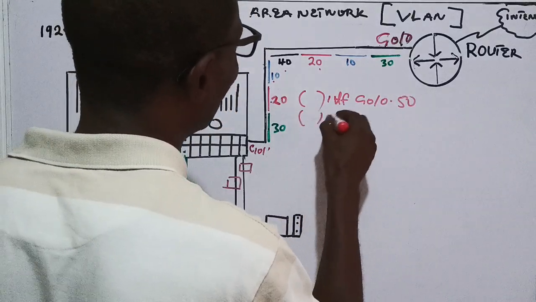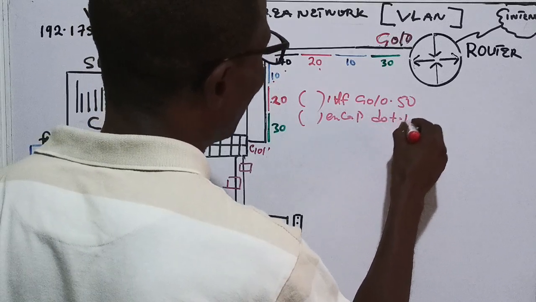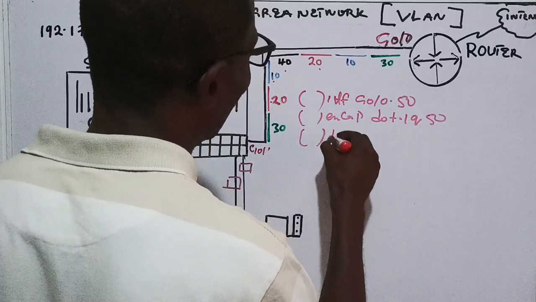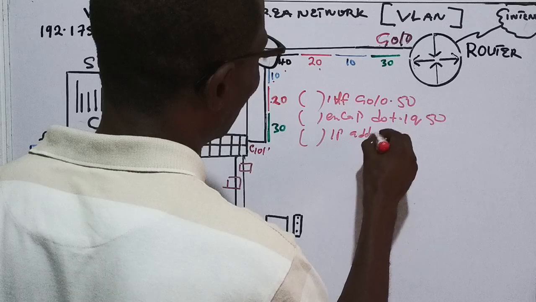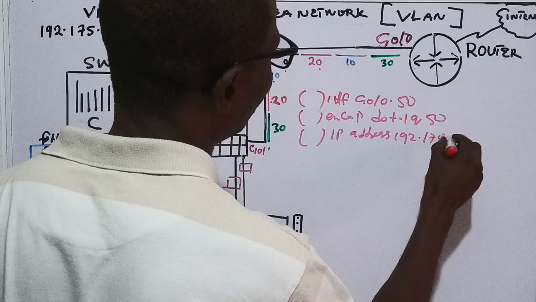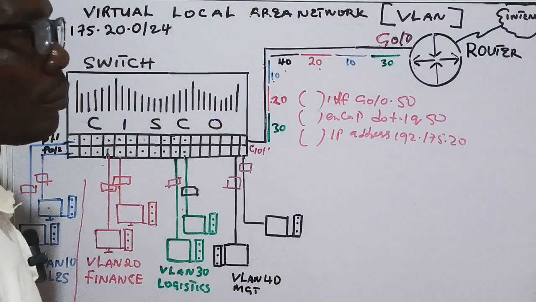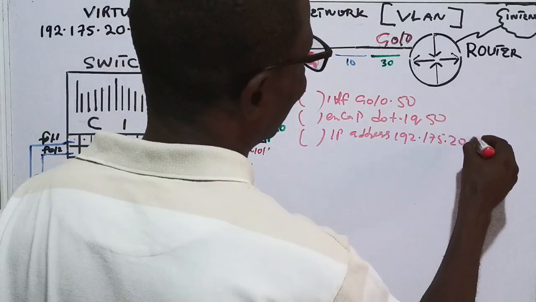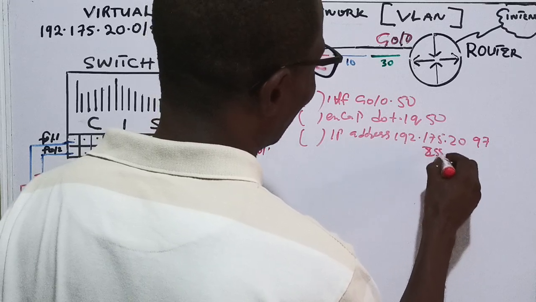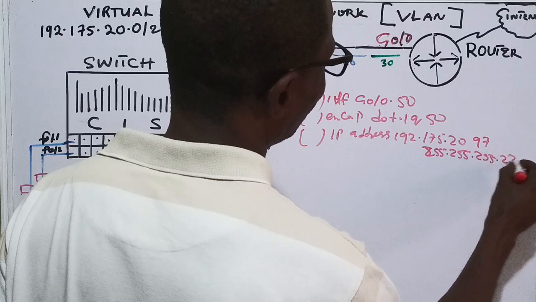You enter and put encapsulation dot1Q 50. You hit enter and put the IP address 192.175.20. Now you are on 96, and 97 is the first valid IP, with mask 255.255.255.224.